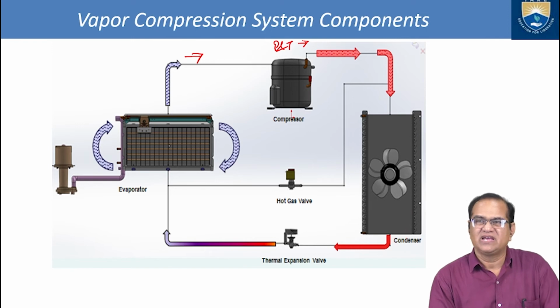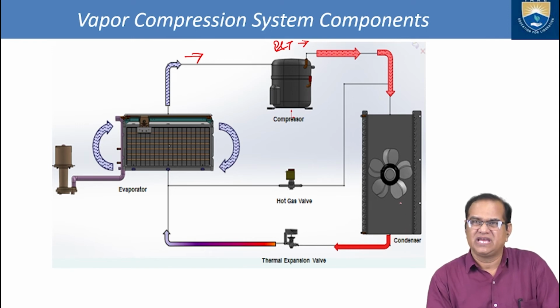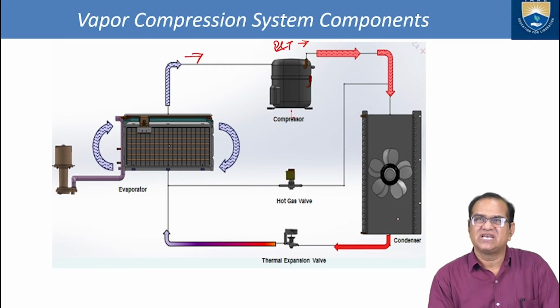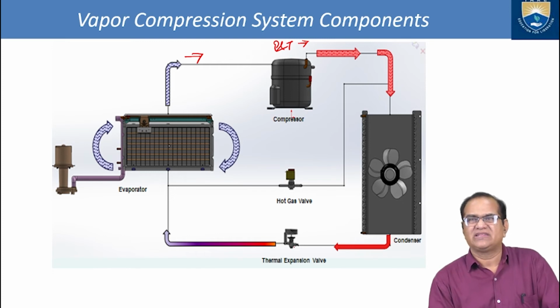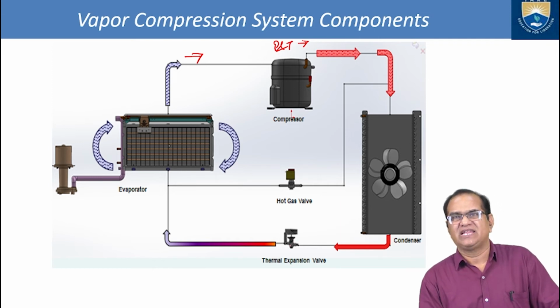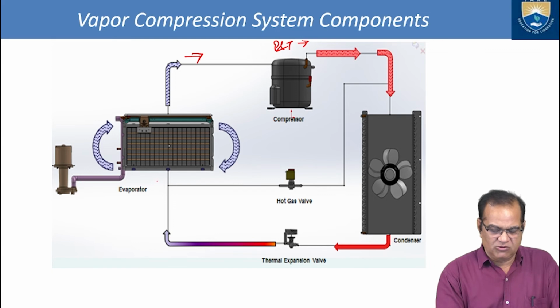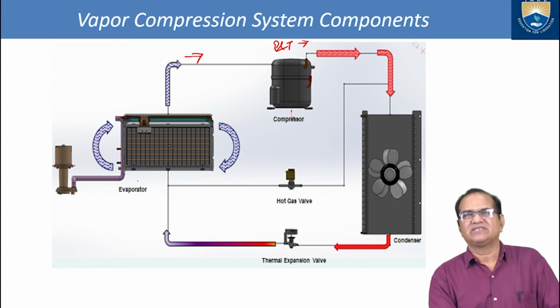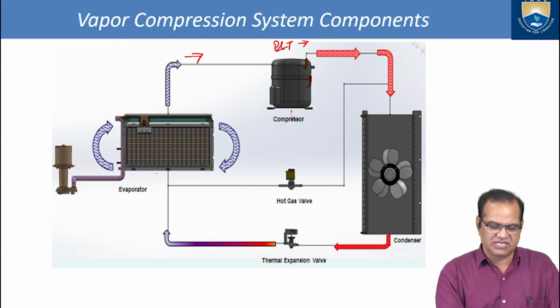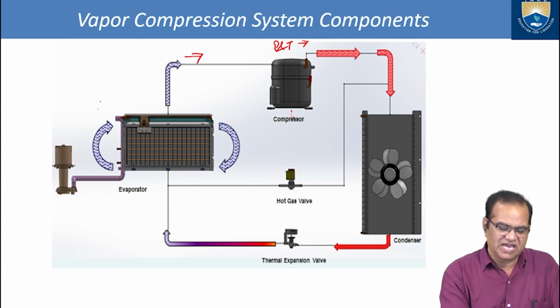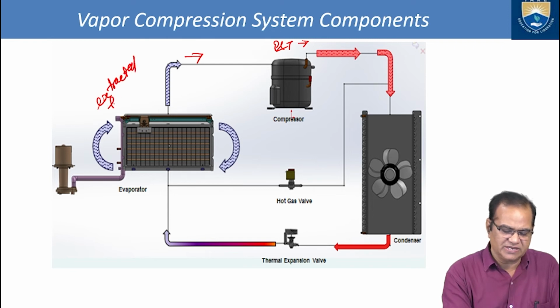Here the compressed vapor is condensed into liquid. Then it goes to a thermal expansion valve where expansion is taking place, and this goes to the evaporator. In the evaporator some pipes are there, and here evaporation will take place and heat energy will be extracted here, and cooling will take place.